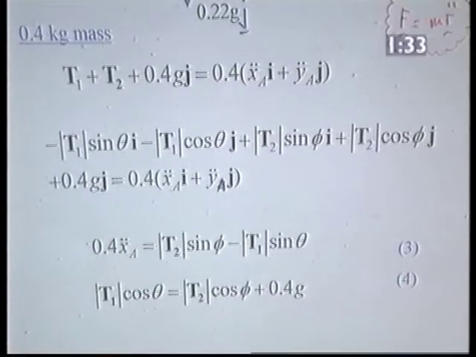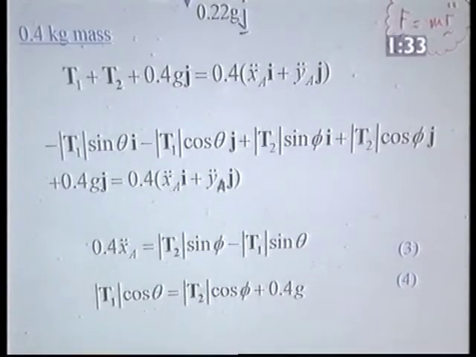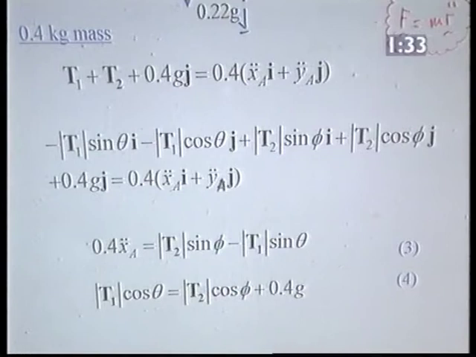Again, if we do the same here, we can equate the components of i on both sides of the equation. The i component, 0.4 xa double dot, equals T2 sine phi minus T1 sine theta. And the j components, minus T1 cos theta plus T2 cos phi minus 0.4 g equals 0.4 ya double dot.